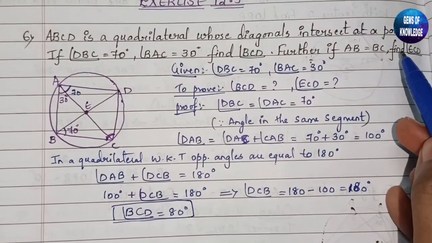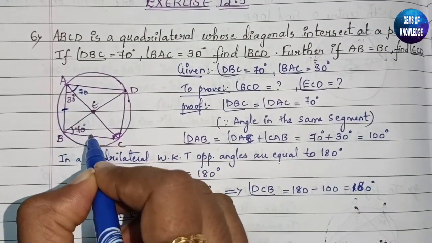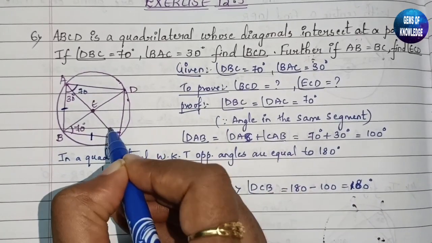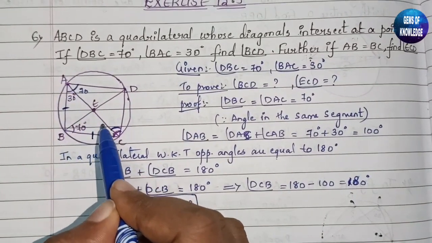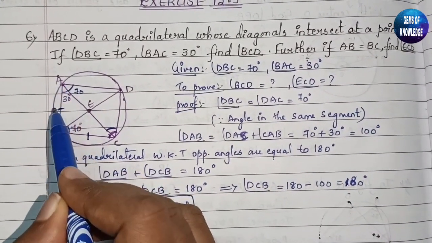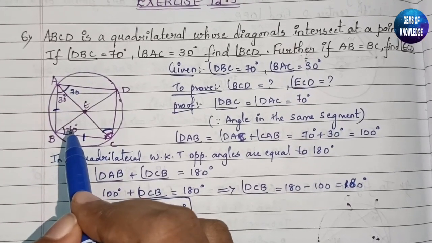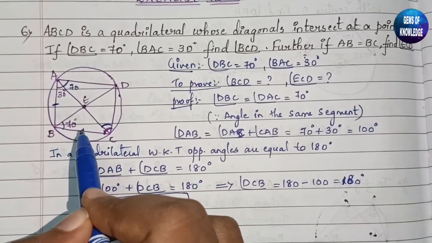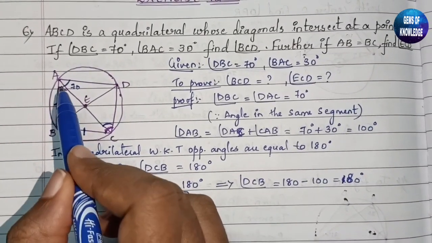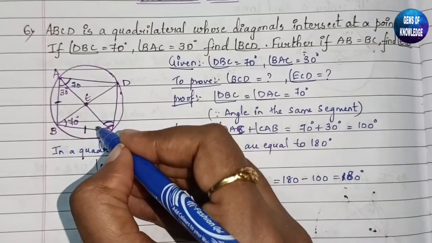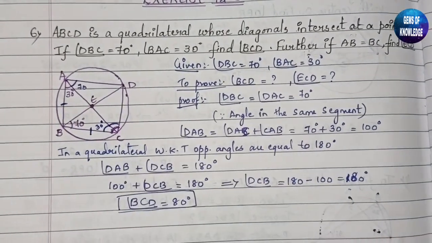Now in the second part they have told us, if AB is equal to BC, that is this side is equal to this side, then we need to find this angle. If you consider this triangle ABC, we know that if two sides are equal, then that particular triangle is known as an isosceles triangle. If two sides are equal, then two angles are also equal. So this angle will be equal to the same thing, that is 30 degrees.